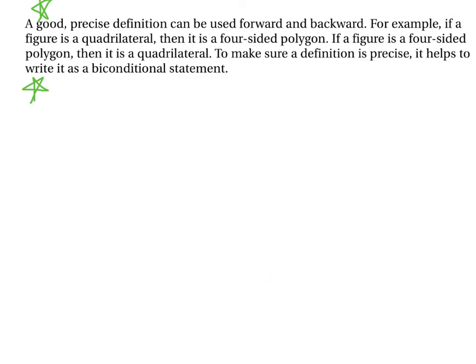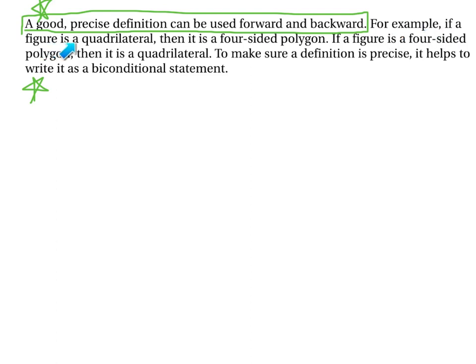This first sentence is important. Make a note of this. A good, precise definition can be used forward or backwards. That means it's a biconditional statement. If you truthfully have a very good definition, it can be written as a biconditional statement. So let's use an example of the quadrilateral.